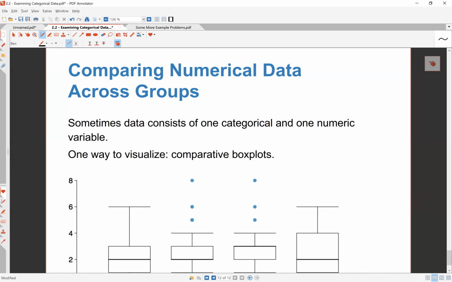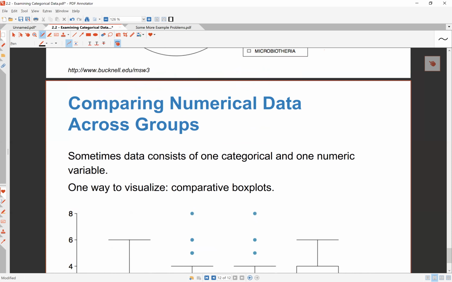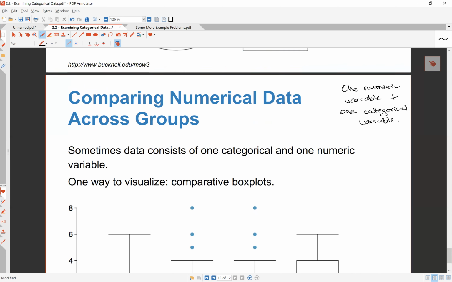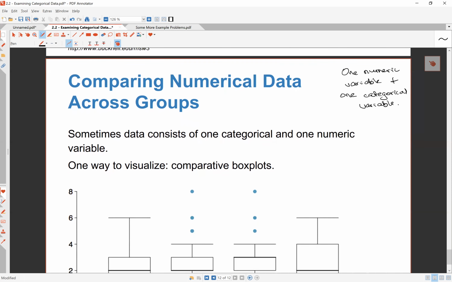The last thing we are going to just take a minute to talk about is what happens if we have one numeric variable and one categorical variable. How can we see if there is some kind of relationship or association between these two variables?